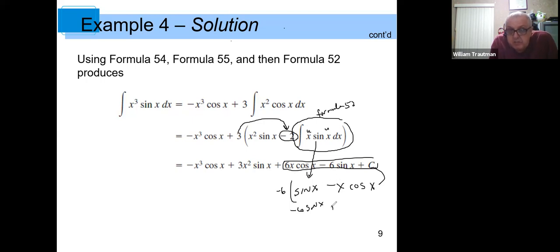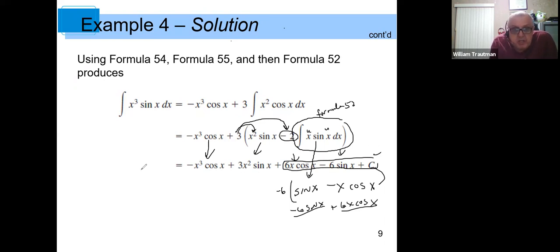Negative times a negative is a positive 6x cosine x. So all of this stays the same. The 3 also goes here. And then we end up with 6x cosine x, which is right here, and -6 sine x, which is right here, and then the plus c.